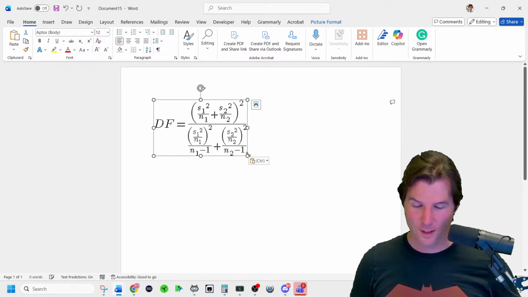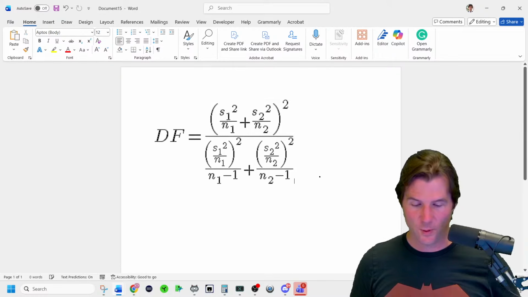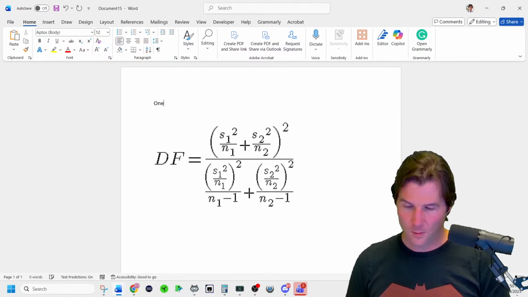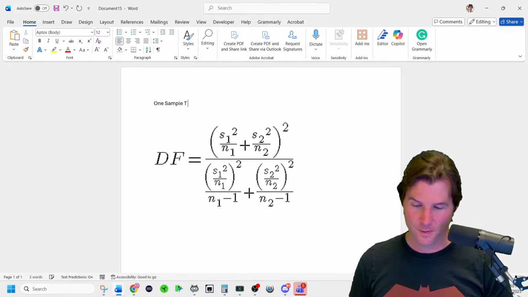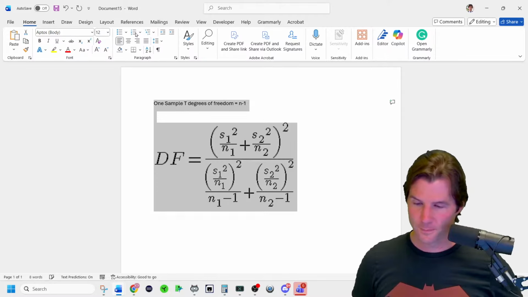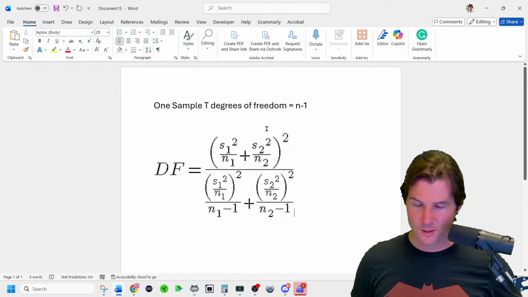There it is. So the one sample T degrees of freedom is n minus 1. Two sample T.